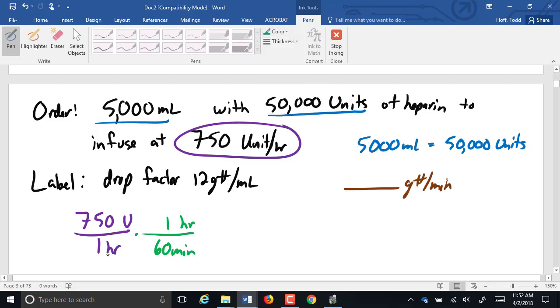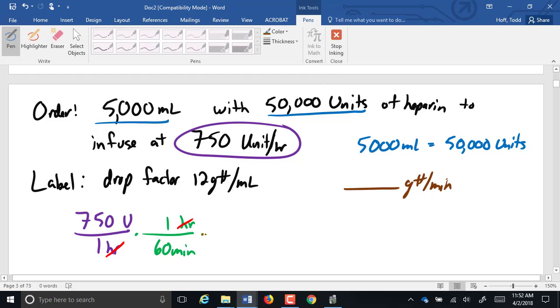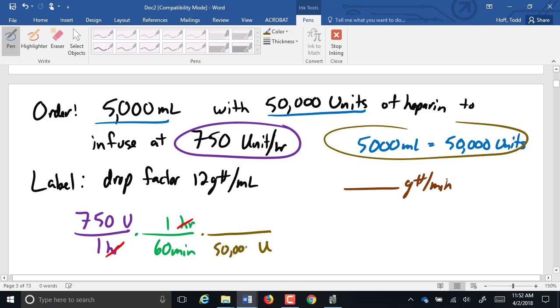The hours are going to cancel out. We have to get rid of units. We're going to put units on bottom here. We have this equivalency, 50,000 units equals 5,000 milliliters. The units will cancel out. And just to make my calculation easier, I'm going to divide both of those by 1,000, making it 5 and 50.